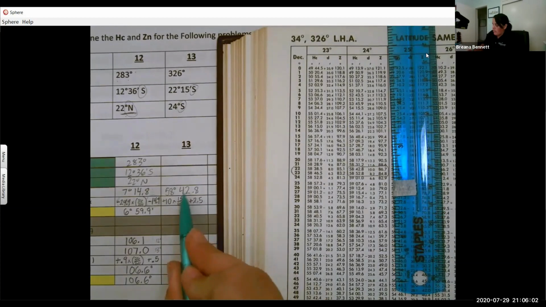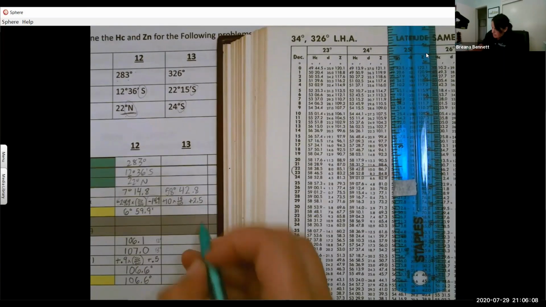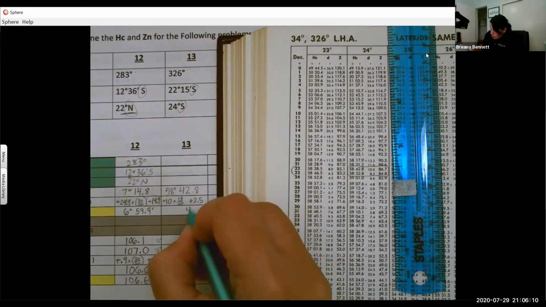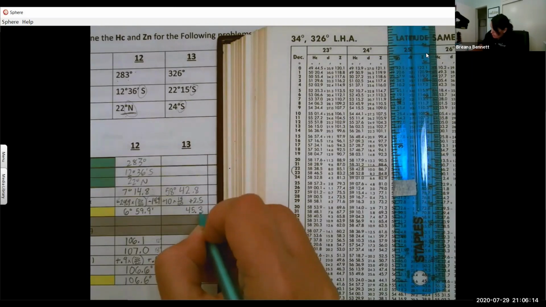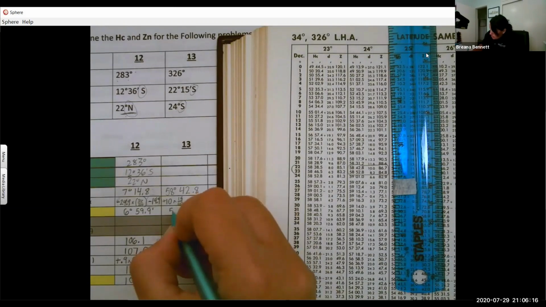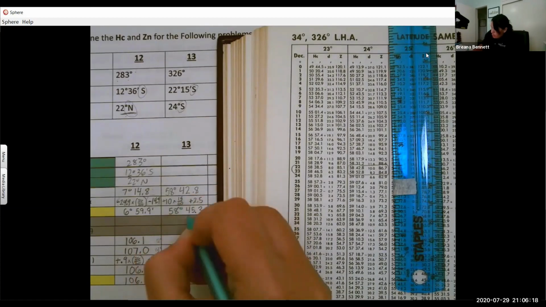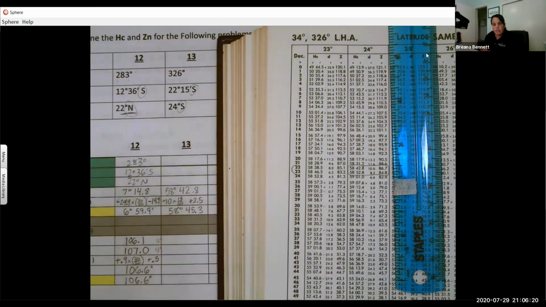So if I have 42.8 plus 2.5, that gives me 45.3. So my HC is 58 degrees, 45.3.